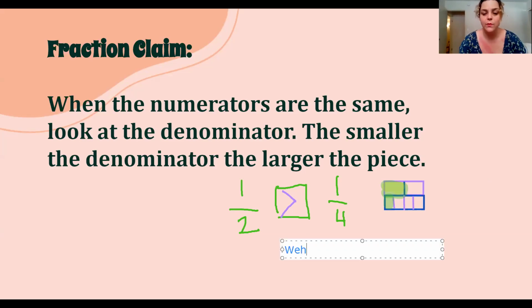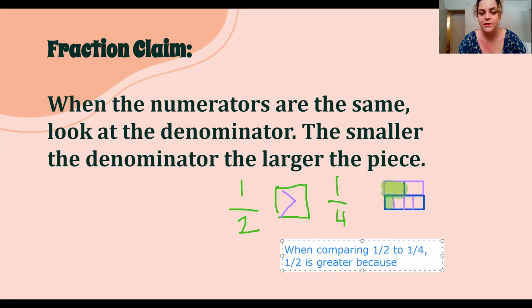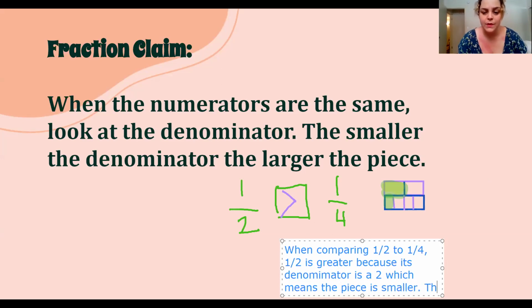So we're going to write, when comparing 1/2 to 1/4, 1/2 is greater because its denominator is a 2, which means the piece is smaller. The smaller the denominator, the larger the piece.